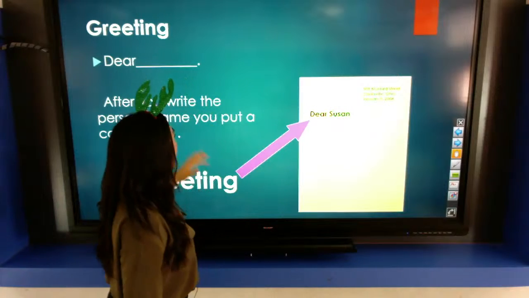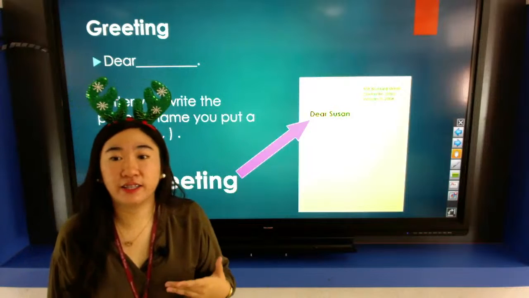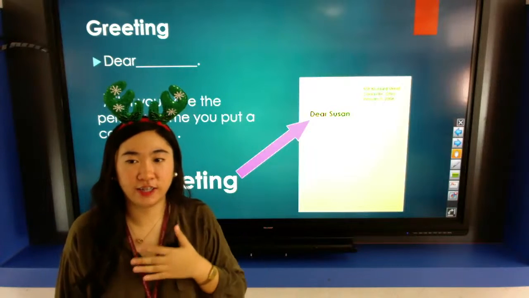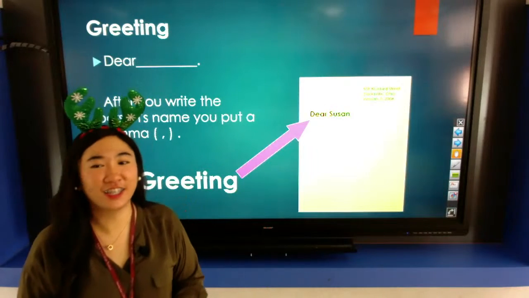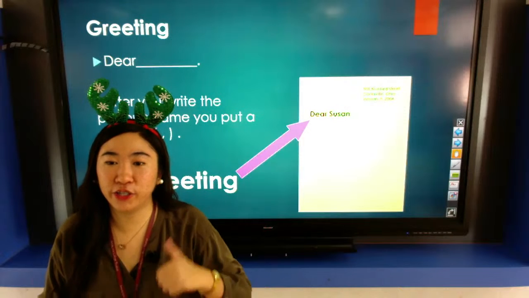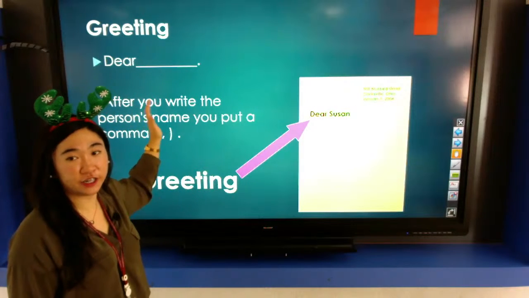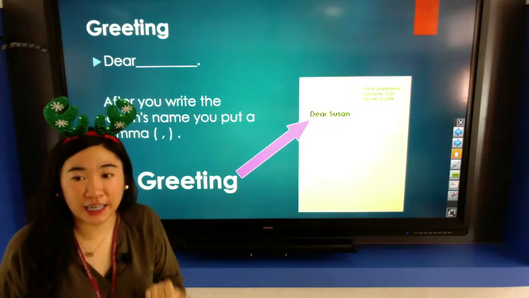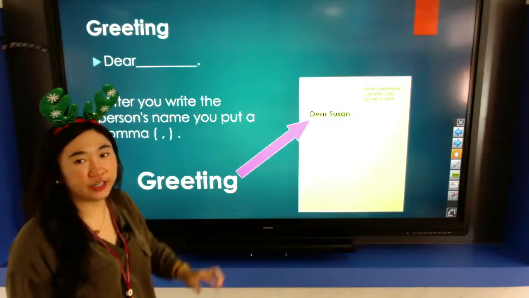So again, the greeting is the receiver of the letter, the one who will receive the letter. Dear Santa, yes, you can write a letter to Santa Claus. Okay, understand? Again, when you write the greetings, write it in a big letter. Write a big letter D for dear, and a big letter for the name. Understand?